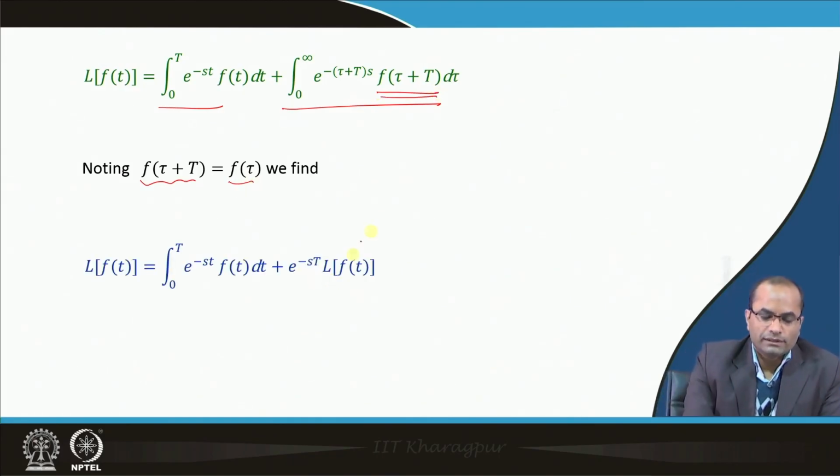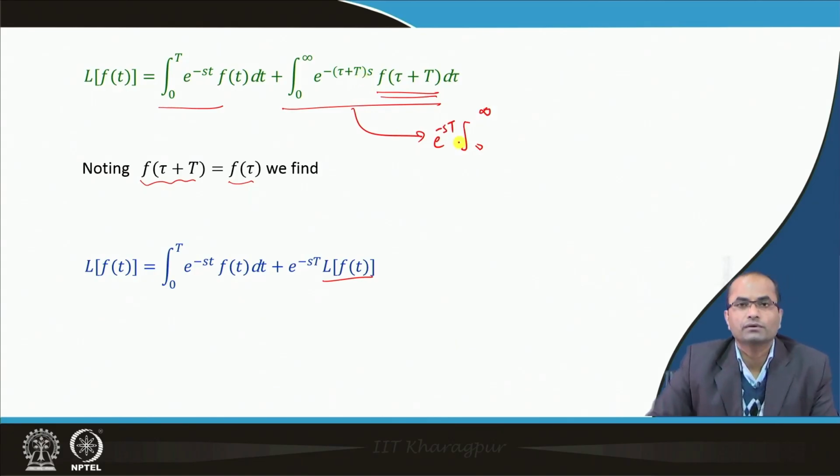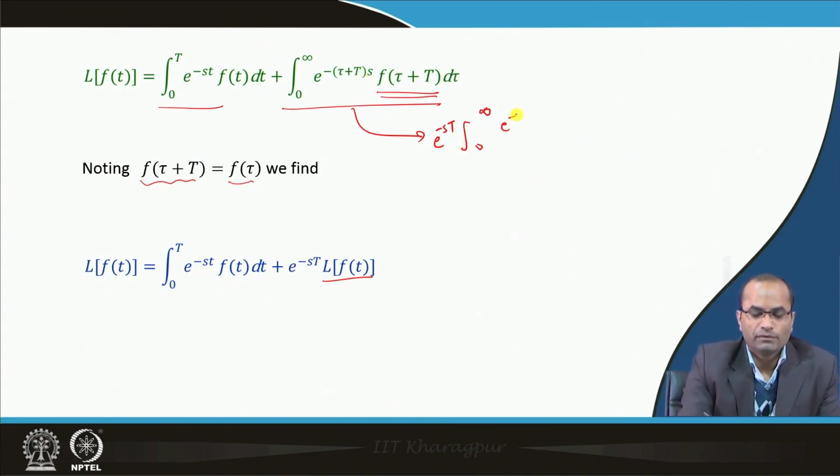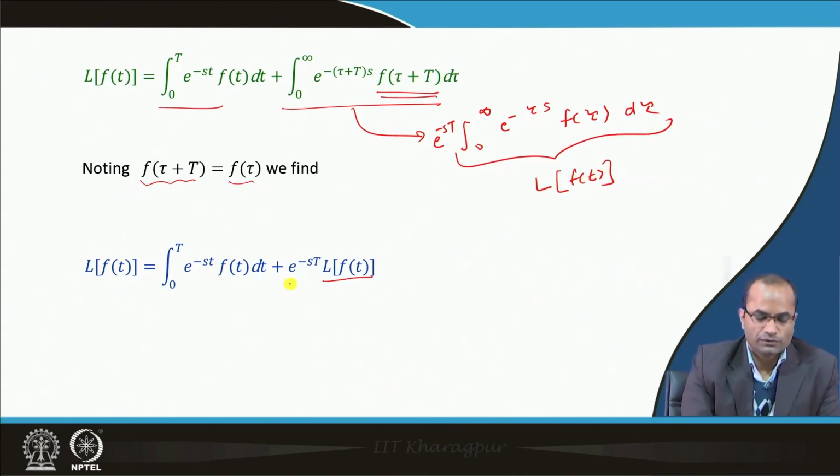So, we have the Laplace transform of f(t), because after replacing, the second integral will become 0 to infinity, and e power minus sT we can take out, because this term does not depend on tau, and then we have e power minus tau s and f(tau) d tau, and this is again the Laplace transform of f(t).